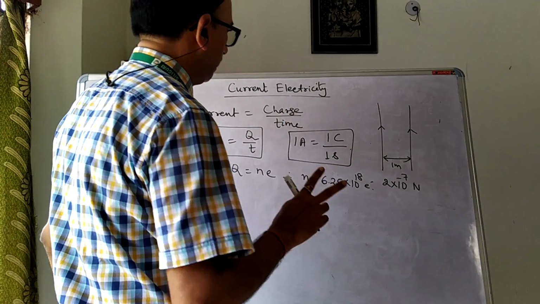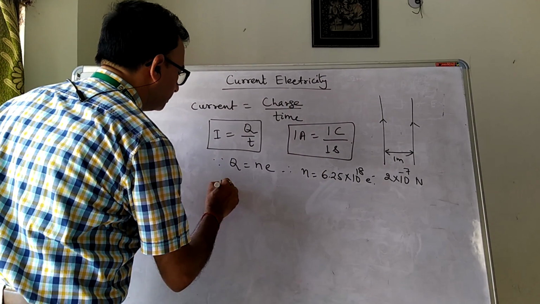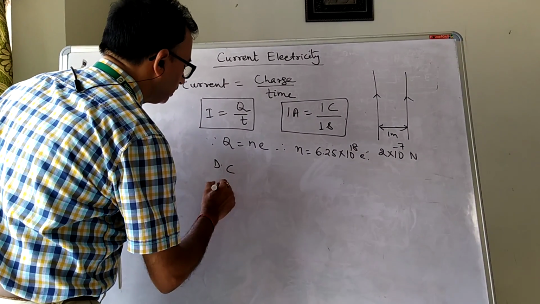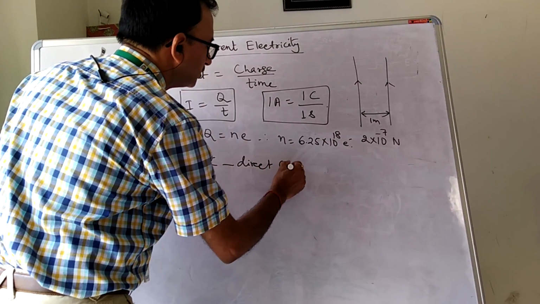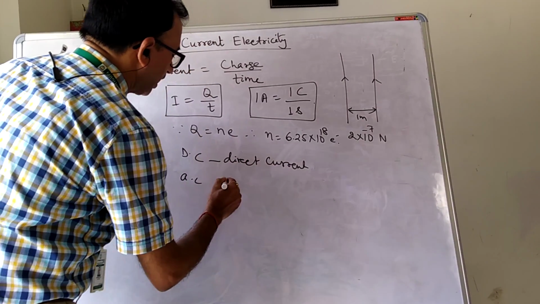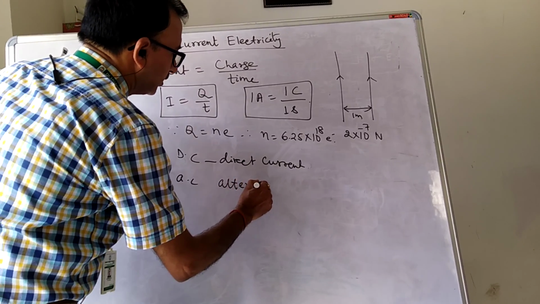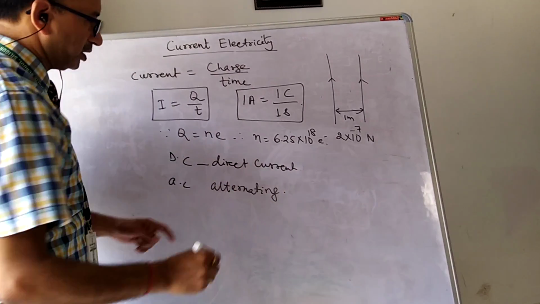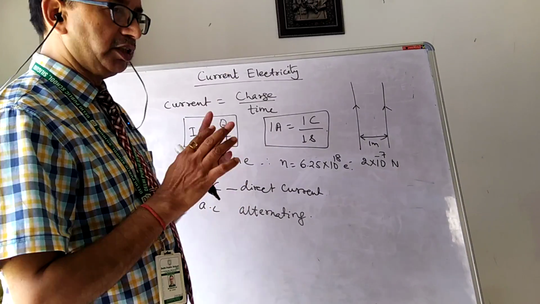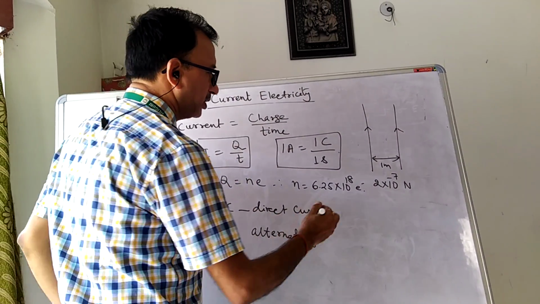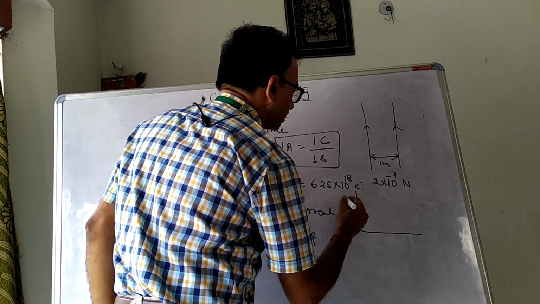Basically electric current is of two types: DC and AC. DC is direct current, and AC stands for alternating current. Now, what is direct current? When the current or the potential difference does not vary with time, that means it is unidirectional.